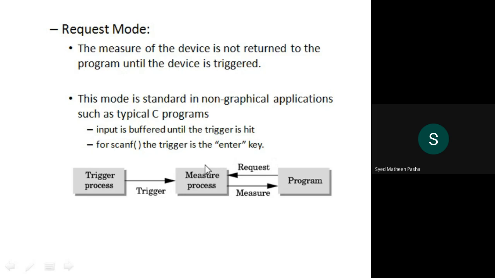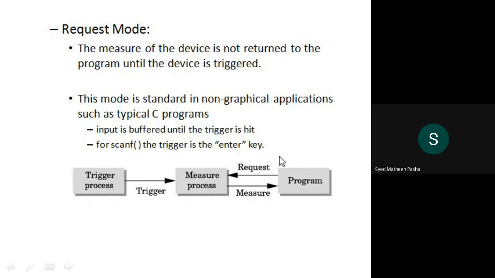It will be waiting for the user for the further action to be performed. So check out, this is the trigger process and this is the measure process, where a trigger is happening so that a measure process happens. In the measure process, it will be checking what the process is doing with respect to that particular request mode.